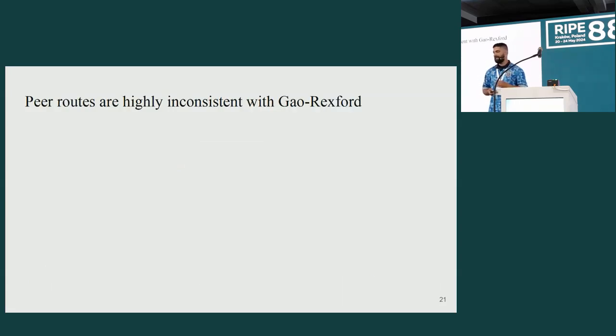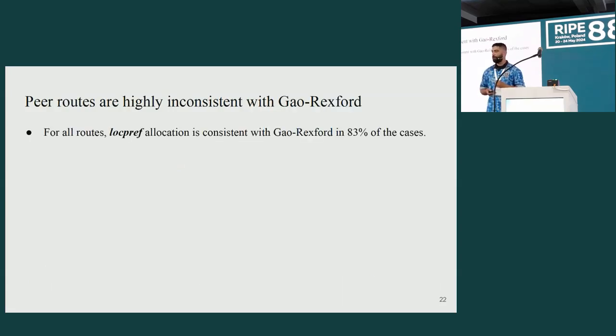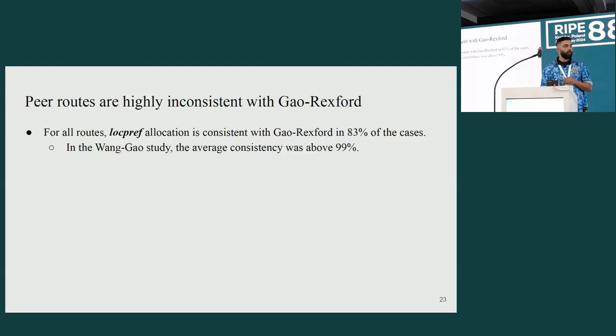Now, let's directly jump to the results. We observed that the local preference allocation pattern is consistent with the Gao-Rexford model in 83% of the cases on average, while in the original Wang and Gao study conducted 20 years ago, the average conformance was above 99%.